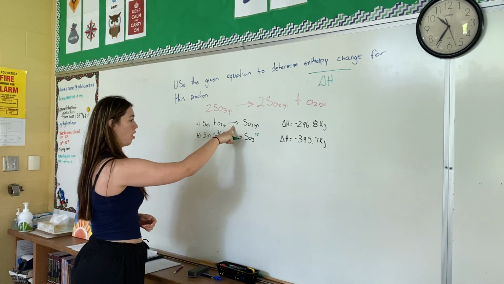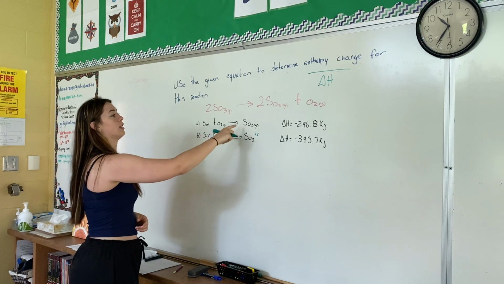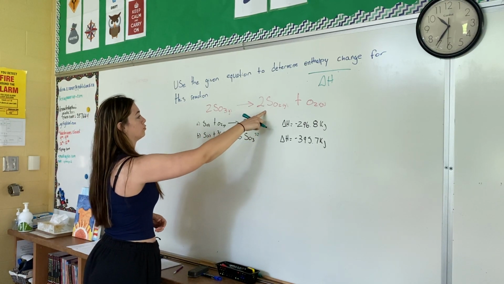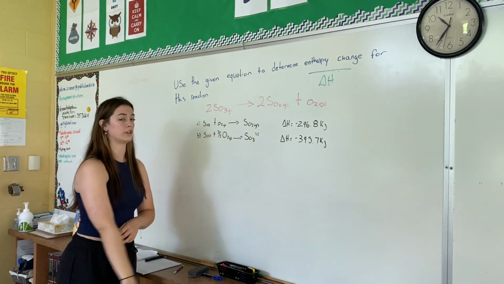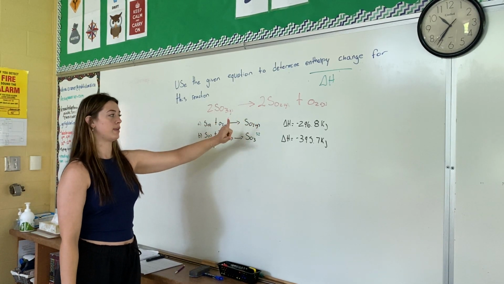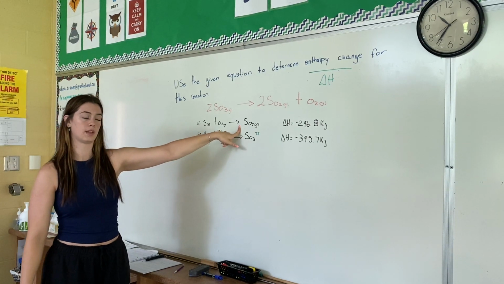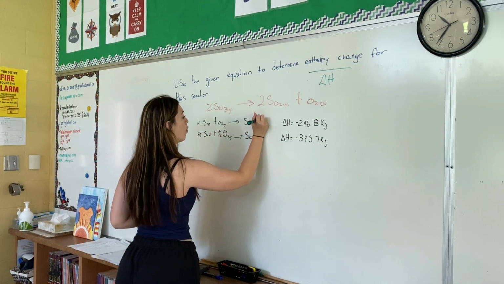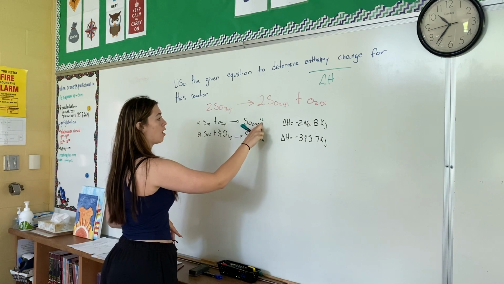Now with this one, this SO2 is on the right side of the equation, which is good. As we can see, there's a coefficient of 2, but in this one we don't have a coefficient of 2. So we're going to times this whole equation by just +2.